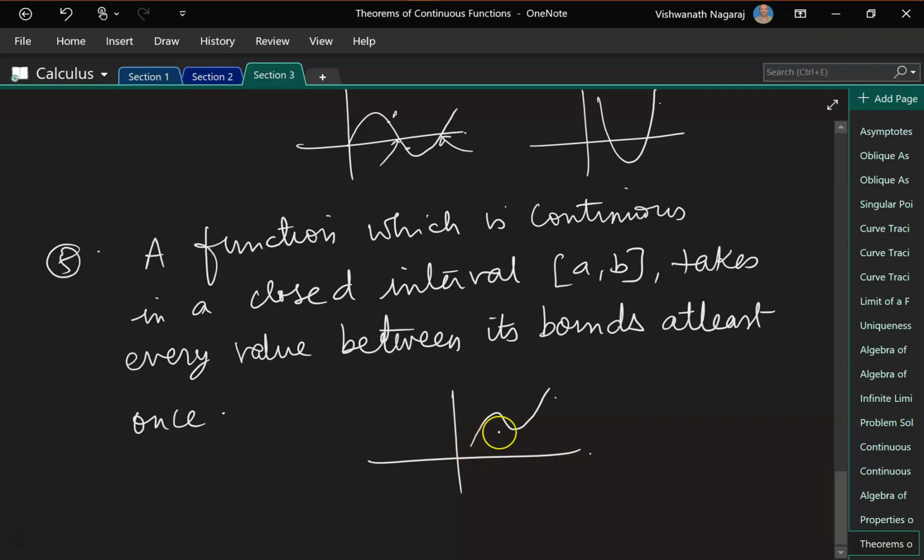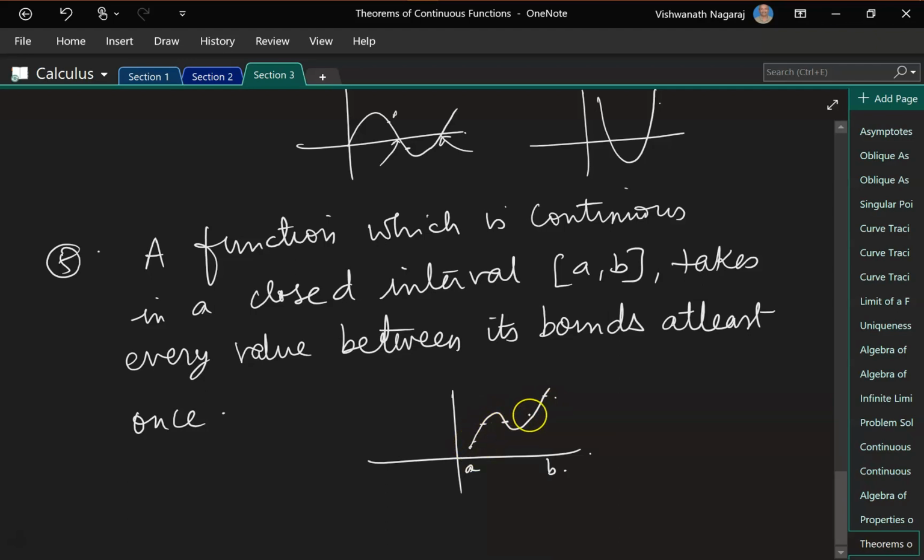Now what this theorem is saying is, and remember this function has to be continuous, if it is continuous and you have a and b, then the function will take each of the values in between a and b at least once. So here once, here once, but here twice. So that is why at least once it will take that value.